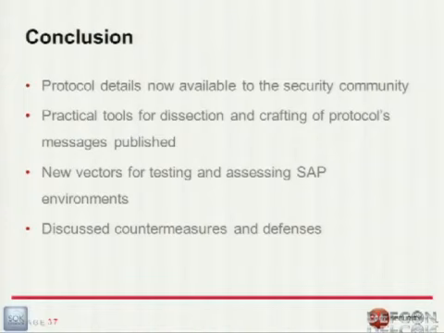Both tools will be released with the GPL license, so they will be available for anyone. There are new vectors that are now practical. There are well-known vectors, but now it's possible to perform actual attacks. We have also discussed some countermeasures and defenses to try to protect your systems.